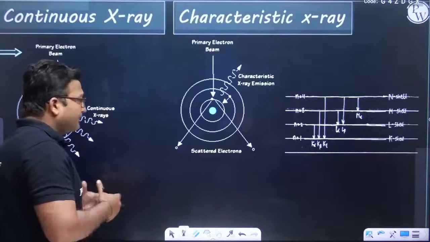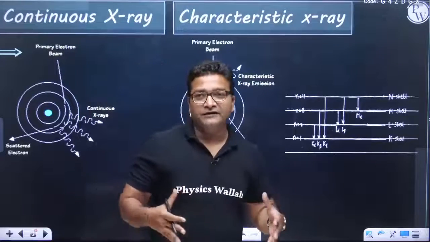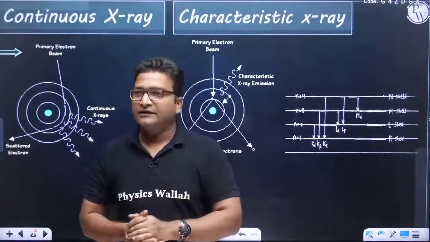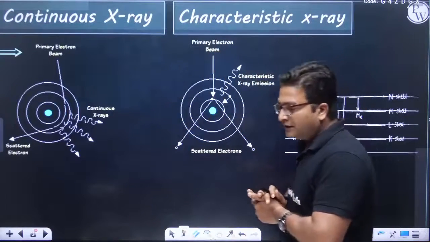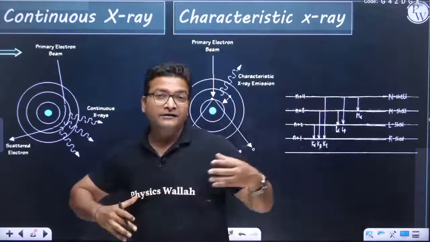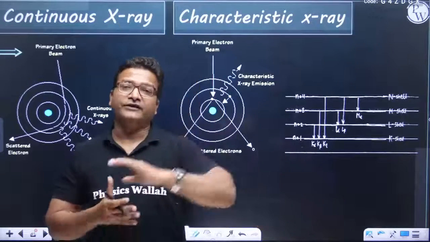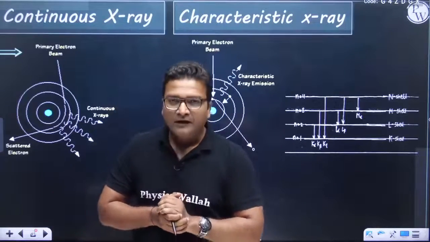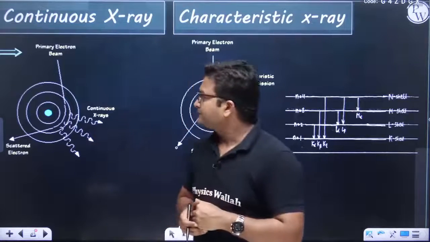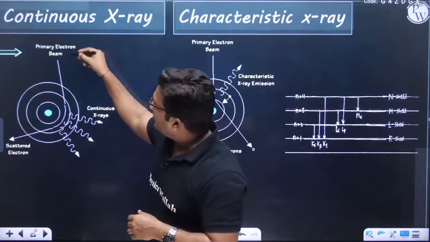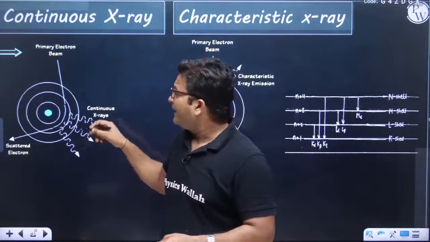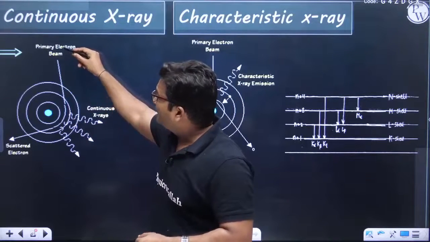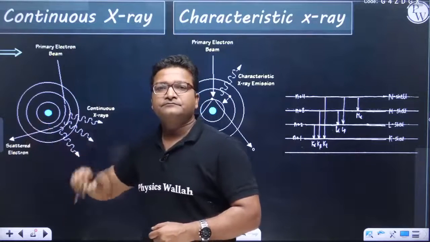If we study them further, we divide X-rays into two categories: the continuous X-rays and the characteristic X-rays. The two are different only by their source of origination. Let us understand them one by one. Suppose we have a primary electron beam, an incoming very high energetic electron, and it passes through an atom.